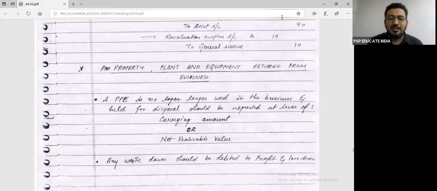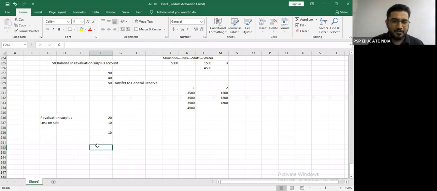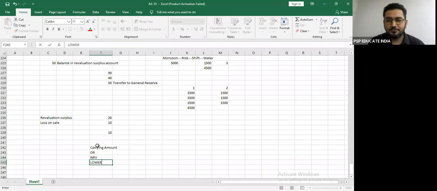The question is, how will you value this kind of property, plant and equipment? The answer is that it will be valued at the lower of either the carrying amount, मतलब वो वैल्यू जिस पे वो बुक्स में ऑलरेडी रिकॉर्डेड है, or the net realizable value, whichever is lower. या तो हम कैरिंग अमाउंट लेंगे या एनआरवी, इन दोनों में से we will pick whichever is lower.